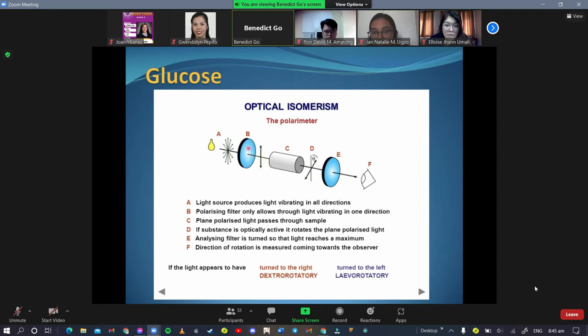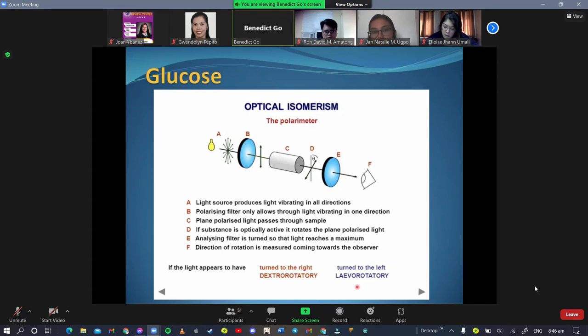The purpose of this polarizing lens is so that the light doesn't scatter in many directions, just one simple direction. If the solution turns the light to the right, then it's called dextrorotatory. If it's turned to the left, then it's levorotatory.